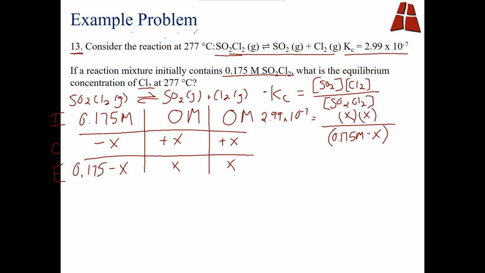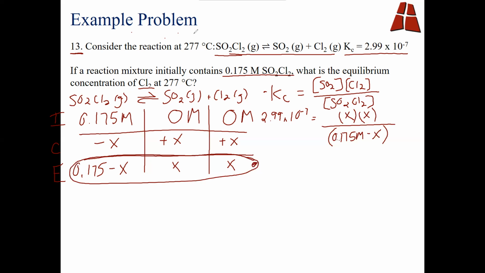So all I did in this expression is just plug in the values for all of our equilibrium concentrations here. So I plugged in x's and then 0.175 molar minus x. Okay. So if we were to essentially combine some terms and rearrange this equation, we could combine our x terms and try and get all of our variables onto the same side of the equation.